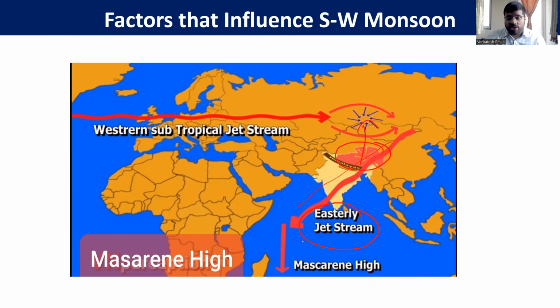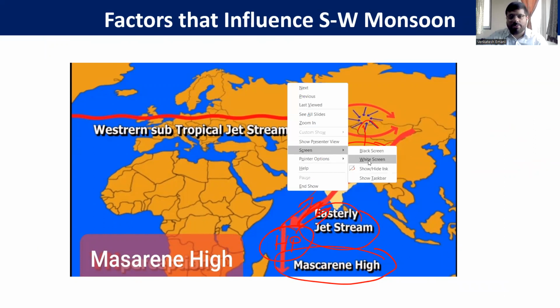Whenever a jet stream dumps its air into the ocean, onto the ground surface, it will create high pressure conditions. So this tropical easterly jet stream creates high pressure conditions, and these winds start moving into India. So understand, no? Why do you think winds are continuously moving from June, July, August, September?